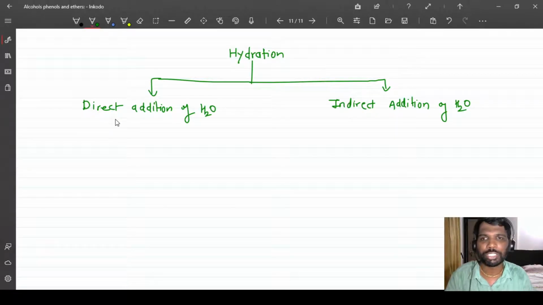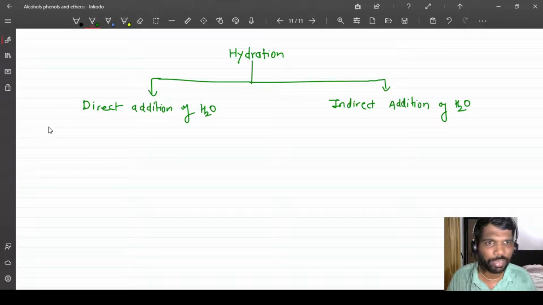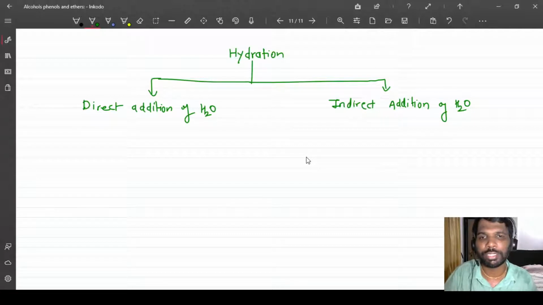Now, whenever I say the word direct addition, I will write the name of the reaction we are going to do, then discuss the reagents used over there, and why it is called direct. And for indirect addition, I will again write the reaction and the reagents, and let us discuss why it is called indirect addition.